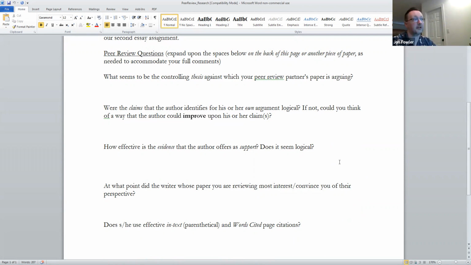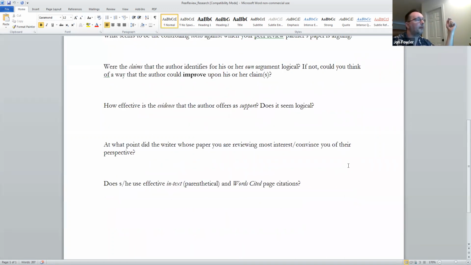That's maybe the most important question in the entire document. If you're going to spend only a certain amount of time, make sure that you spend the majority on that second question. How effective is the evidence the author uses to support, and does that seem logical? And then at what point did the writer whose paper you're reviewing most interest or convince you of their perspective?